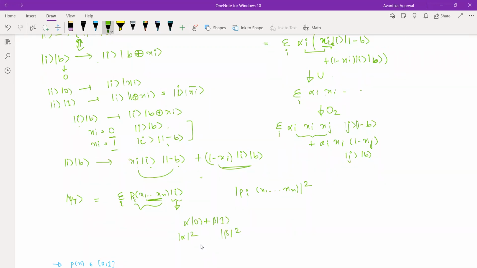So here, if I'm measuring i, then the probability would be mod p_i squared.